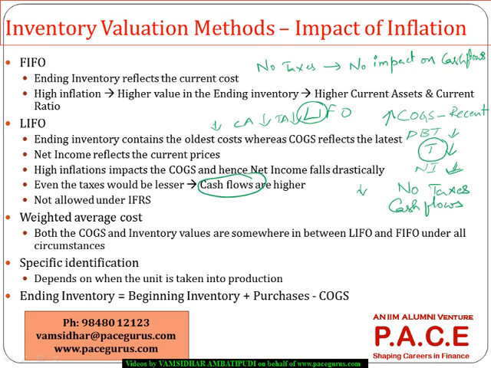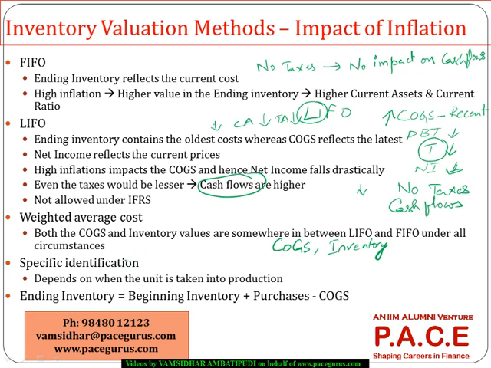And when you look at the weighted average method, both the cost of goods sold as well as the inventory will be in between the LIFO and FIFO methods during an inflationary environment. So on a weighted average basis we will be doing the costing.